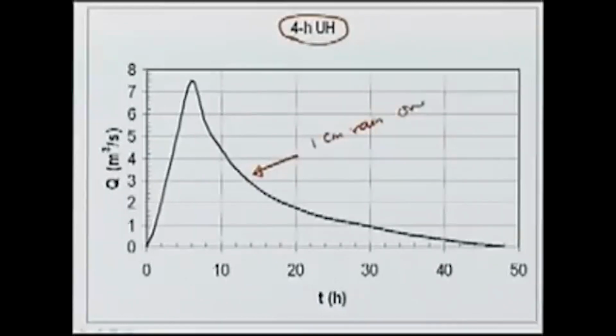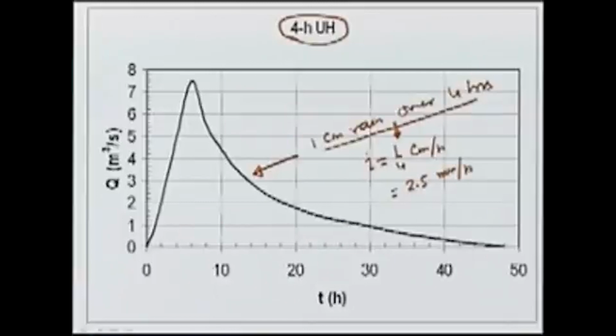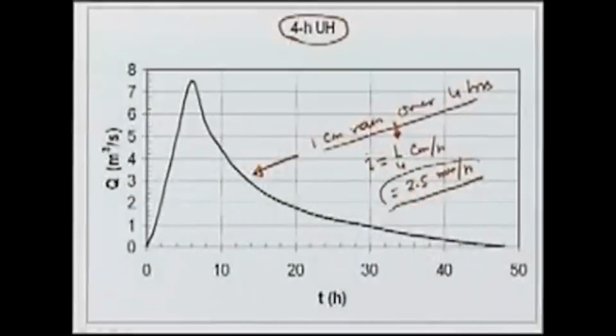over a period of 4 hours, which indicates that the intensity should be 1/4 centimeter per hour, or we can say 2.5 millimeter per hour. So, this hydrograph is a result of intensity 2.5 millimeter per hour continuing for 4 hours.